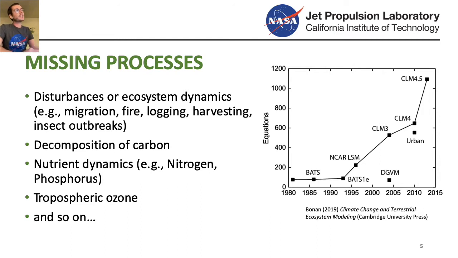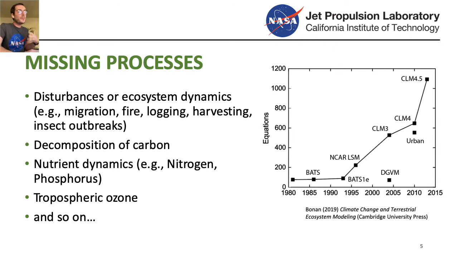And this figure here that I took from Gordon Bonan's book from last year shows the number of equations in CLM, from 1980 to CLM 4.5. CLM 5 is probably somewhere up here. And what we see is that the number of equations in this model is actually increasing almost exponentially, right?